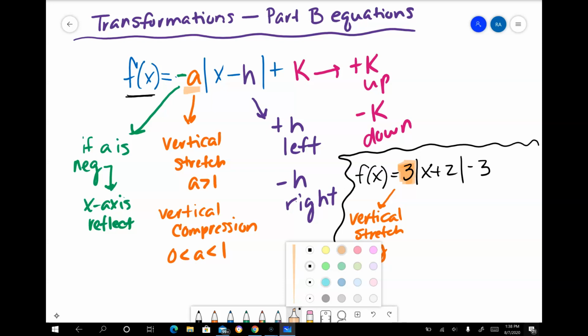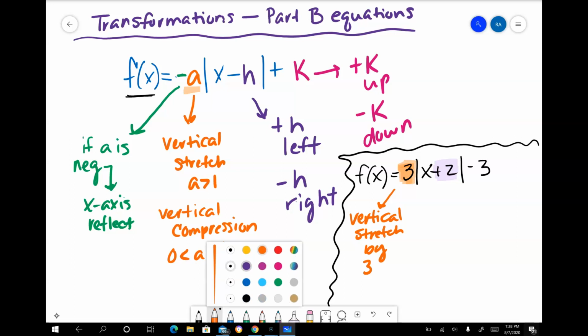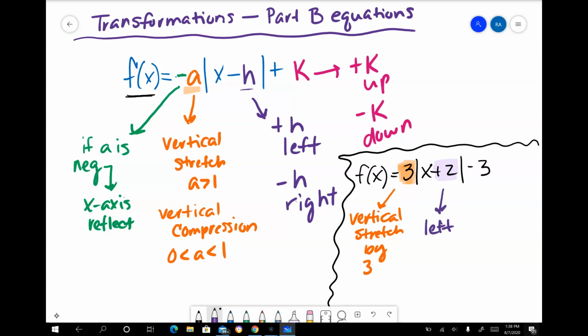Your next one is going to be the 2. That 2 is new, and it's a plus 2, so my h is right here. A positive h means you go to the left. So that means we went to the left 2. And then the last new thing I see is the negative 3.